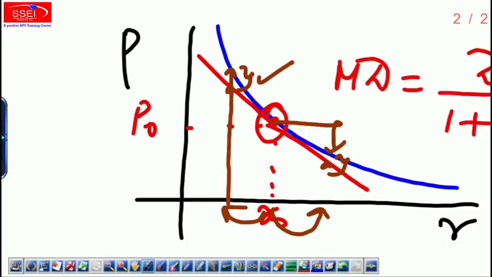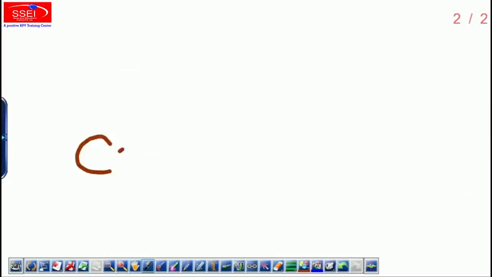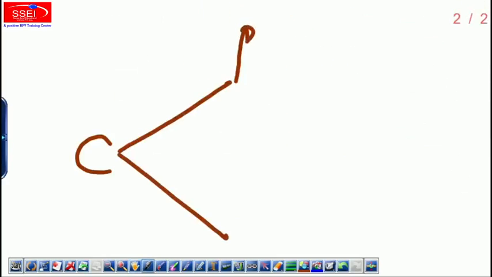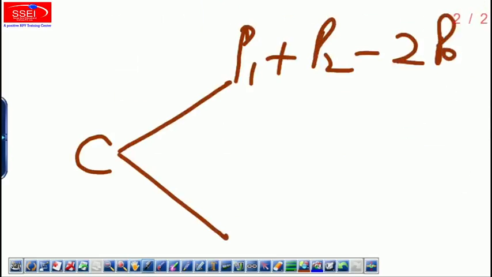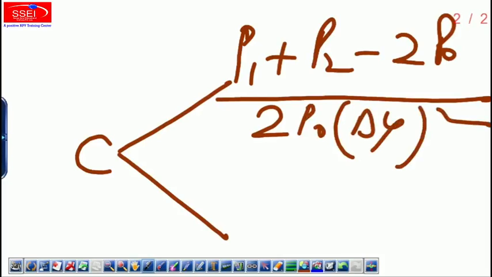Surprisingly, in 2021, I think, a sum on convexity came in the exam. Now, convexity can be calculated by two formulas. One is (P1 + P2 - 2P0) divided by 2P0 delta Y square. This should be called effective convexity.